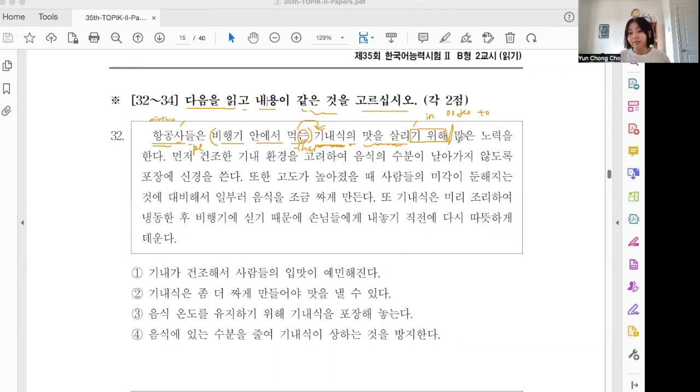In order to make it delicious, 많은 노력을 한다. They make a lot of effort. 노력, effort. 노력하다, to make an effort.